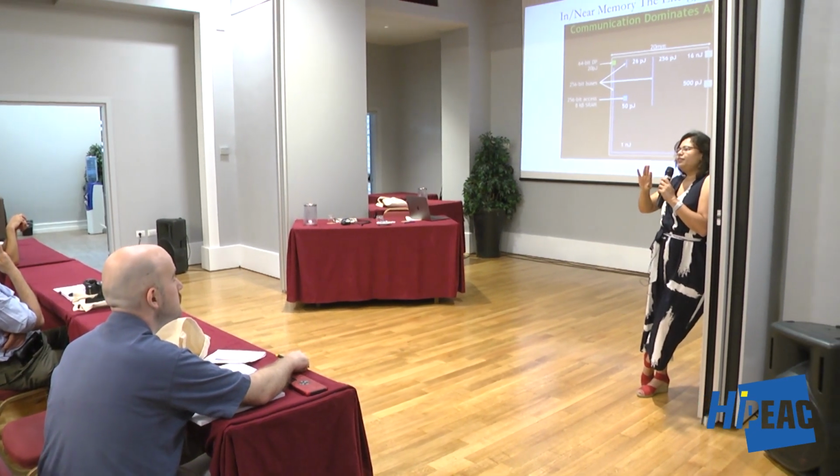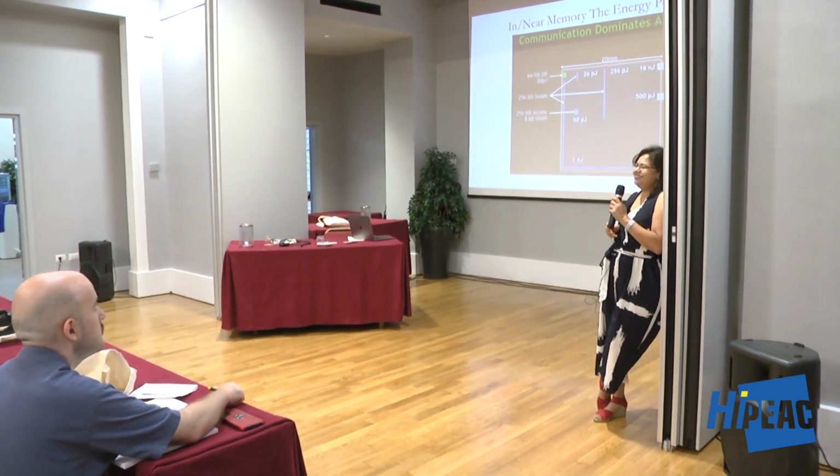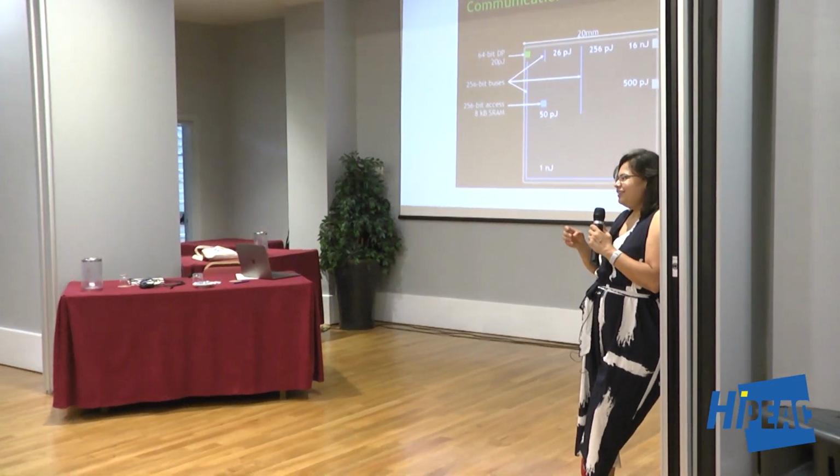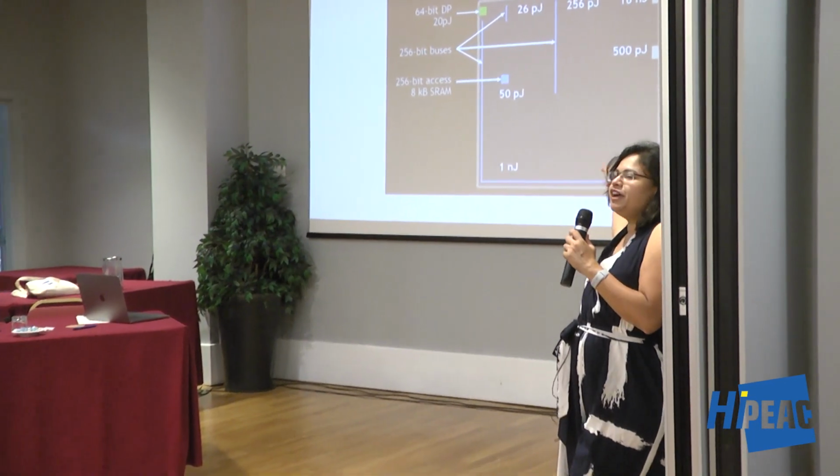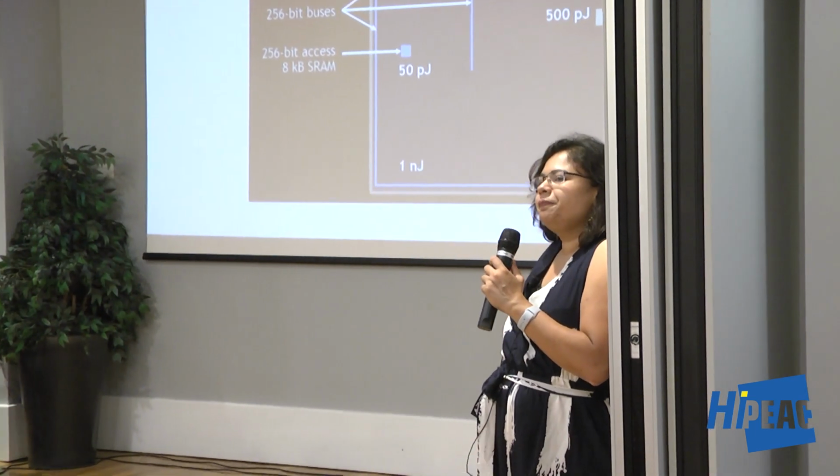But what else? Yes, the data buses, right? So, all the blue lines and that 500 picojoule, that's what we are saving with near and in memory, right? And that's substantial, but it's very important to know that we still have to pay a lot of memory accesses, but a lot of communication energy is what we are going to save, right?